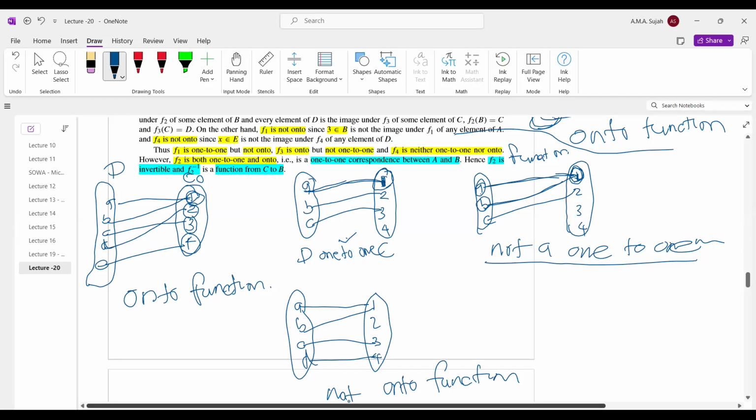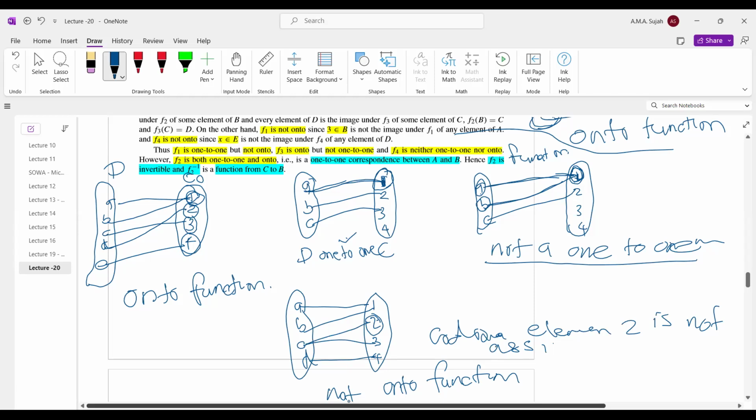The codomain element 2 is not assigned any image, right? If 2 is assigned with at least one element, then we can say that it is an onto function. Even we can put it this way, right? Why can we put it this way?